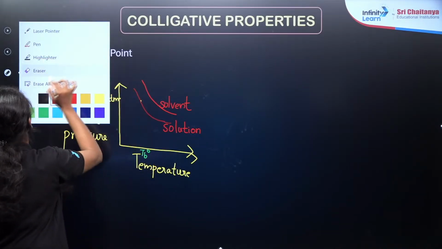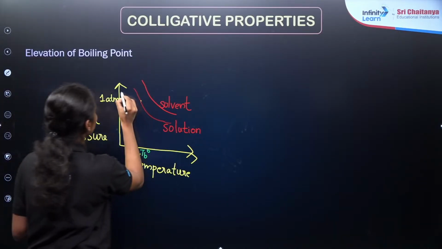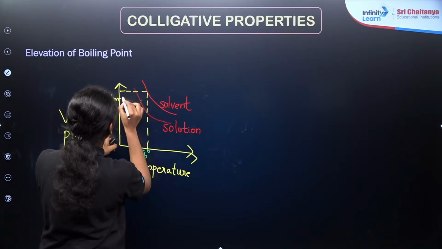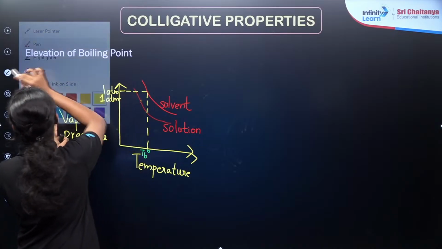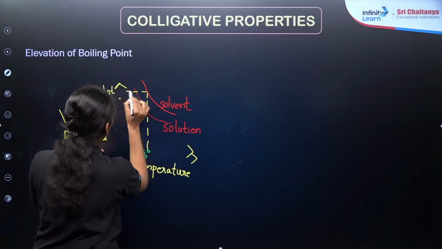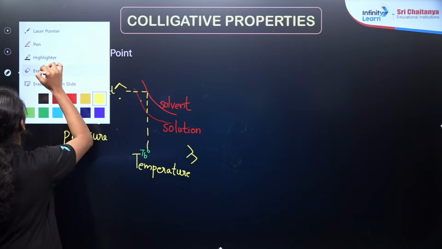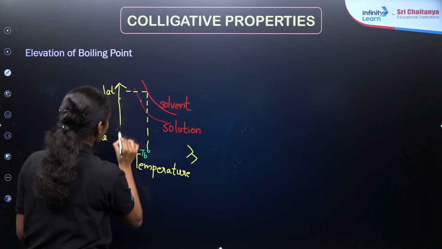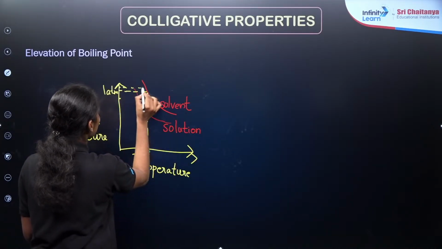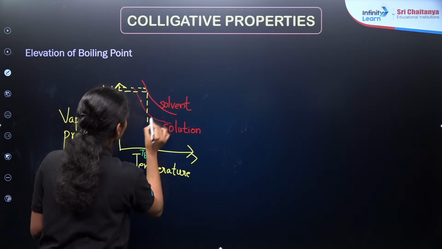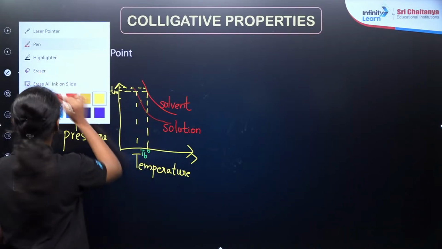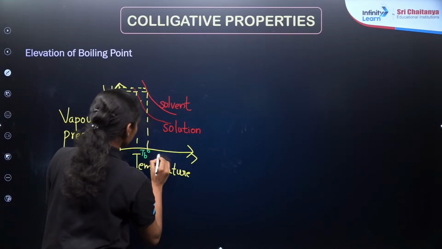Okay, my drawing is not that perfect. This will be TB0, and we will get the value of TB here.